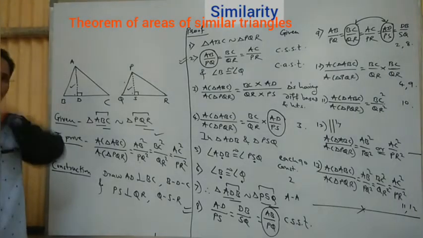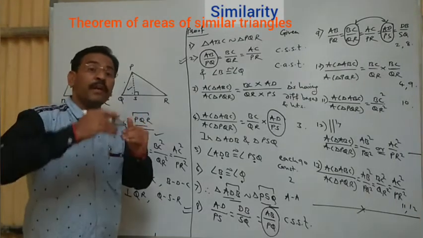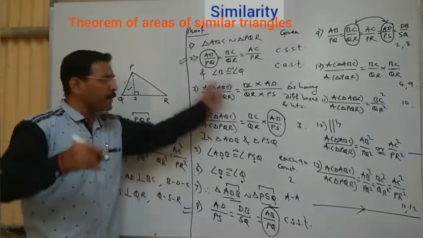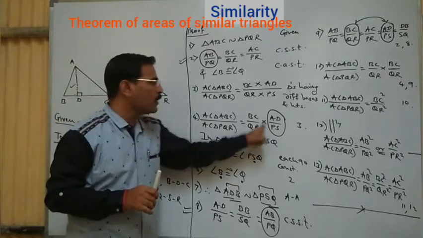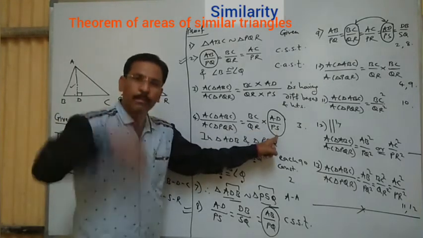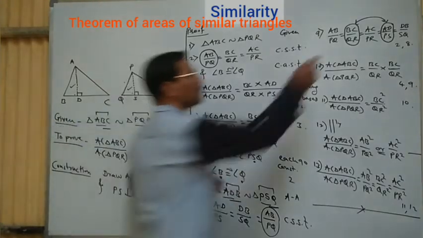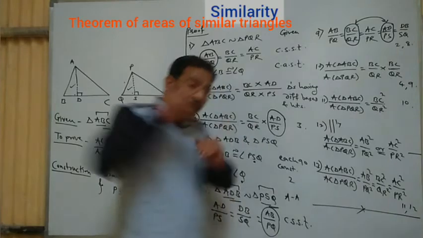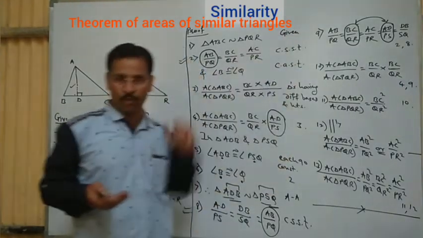Friends, if you understand this, then I will tell you one very important part that depends upon this. See here, as BC upon QR into AD upon PS is there, we replace AD upon PS by BC upon QR. Why? Because both are the same. We need BC upon QR, that is why we replace AD upon PS by BC upon QR.